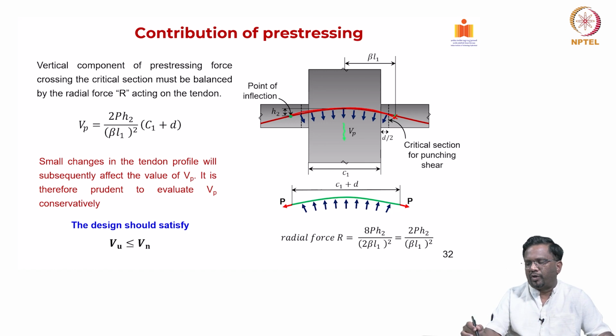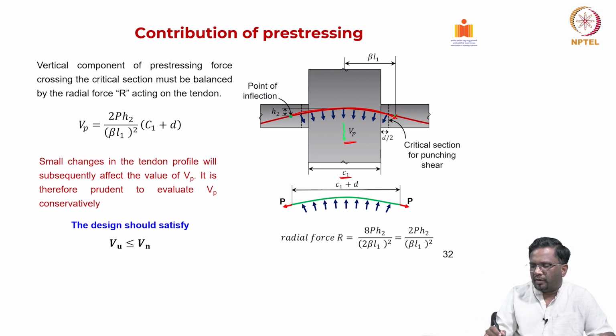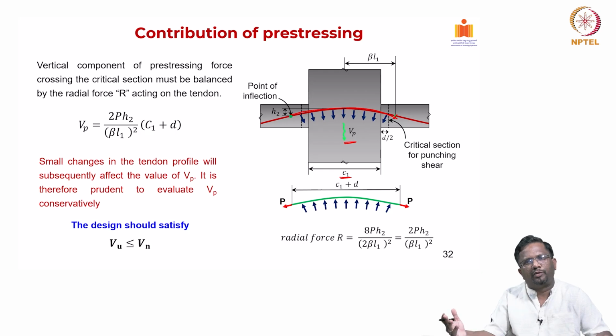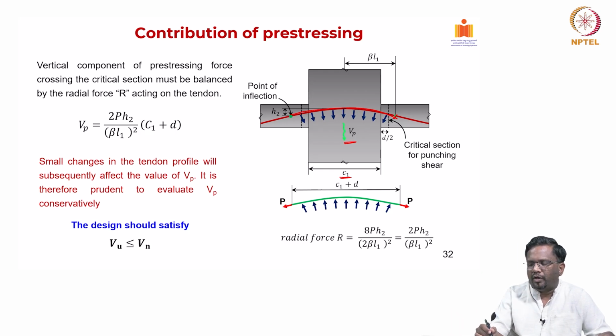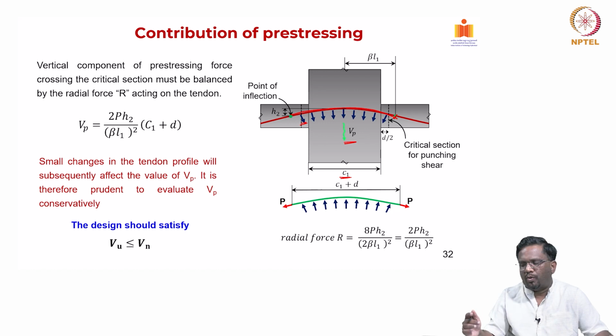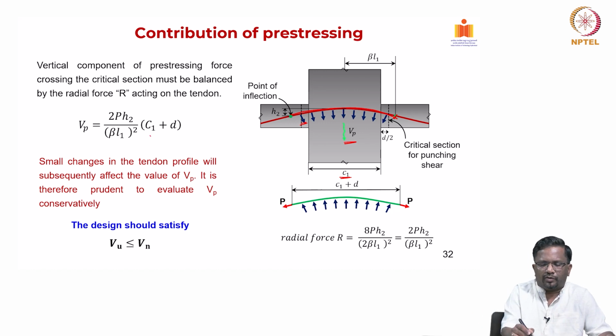So we are looking at what is the effect on the concrete. So the VP is going to be acting down here, right. So that is proportional to, basically we are multiplying for the entire perimeter distance, which is C1 plus D here, because this is C1. My perimeter length, for example, critical section is going to be C1 plus D by 2, C1 plus D by 2. So I have to integrate what is the net vertical component that is coming over this distance of C1 plus D. So that is what we are doing here.